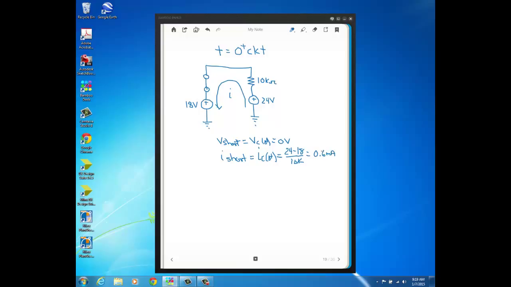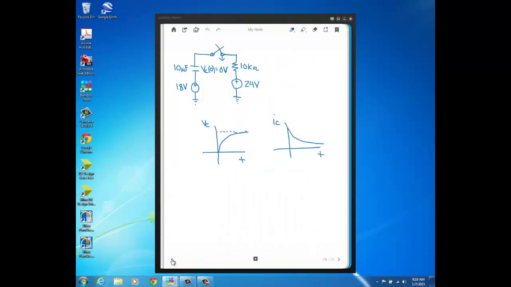Okay, so going back to our curves, we found that this voltage curve for the capacitor starts at 0, and the initial capacitor current is 0.6 milliamps.